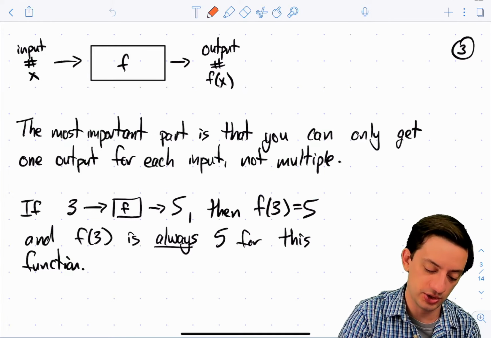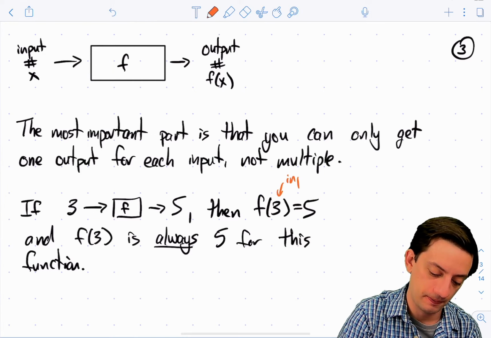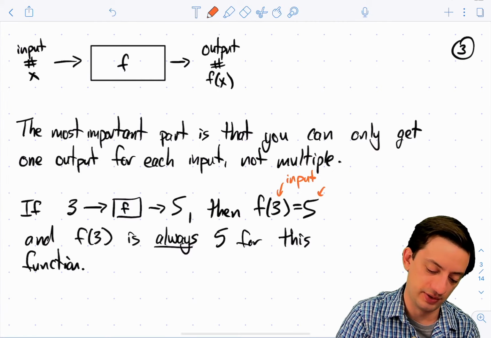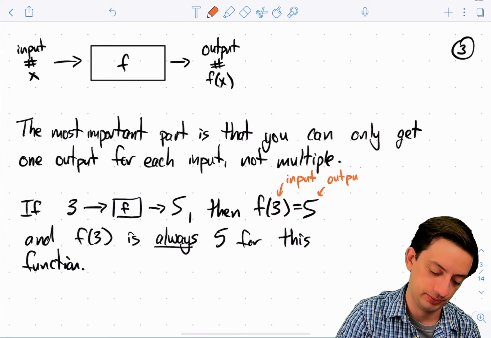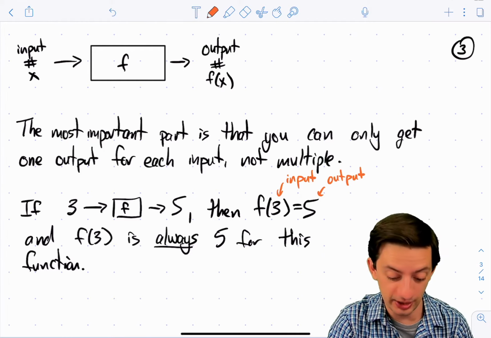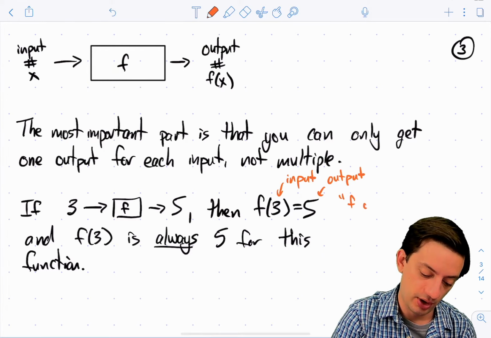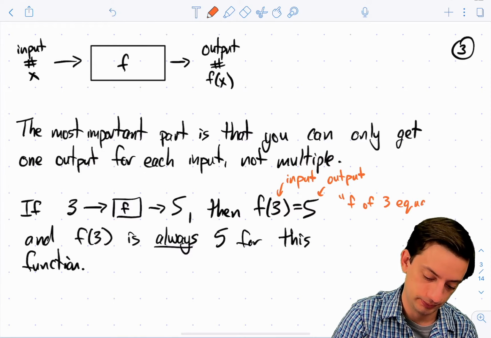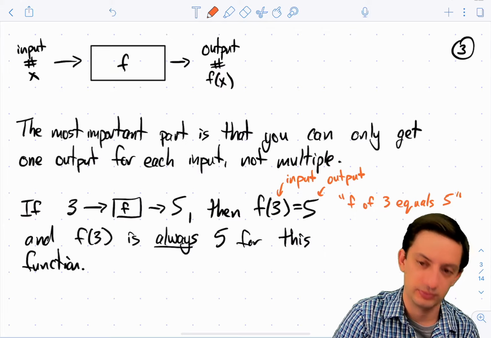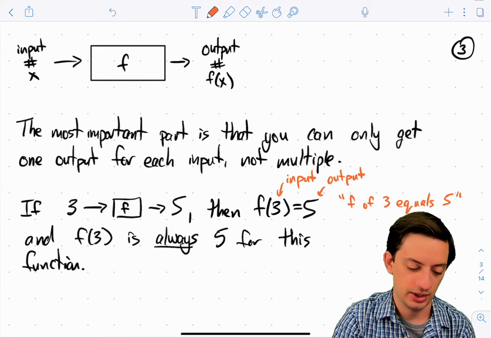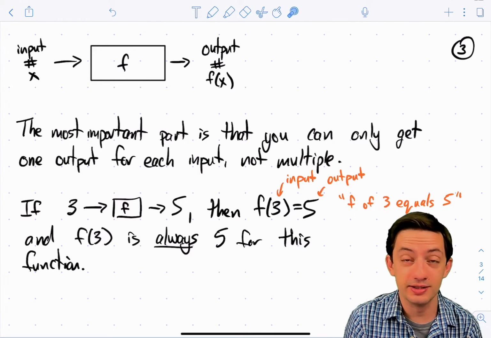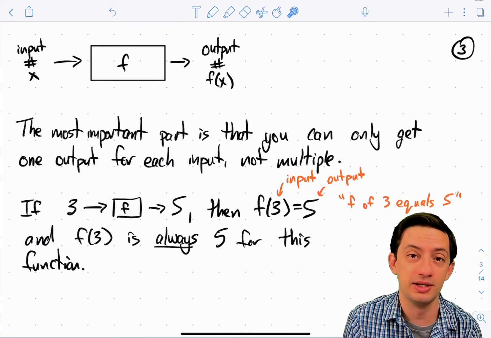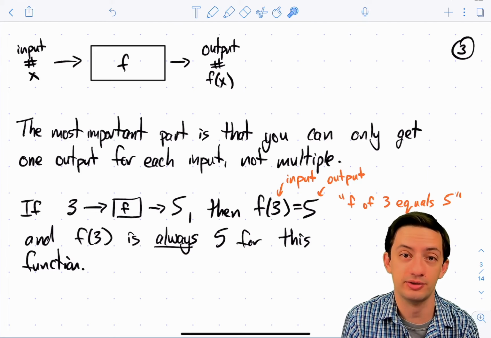So when you see this notation, the 3 inside f of is the input, and the 5 is the output. And the way we say that in English is f of 3 equals 5. The key is that if that's the case for your function, then f of 3 has to always be 5. It can't be 6 sometimes and 5 other times.